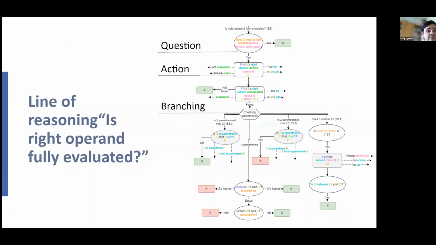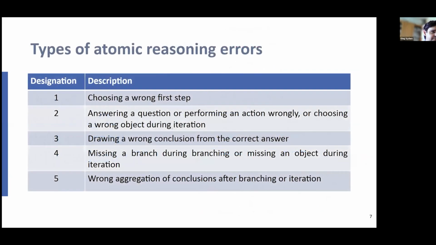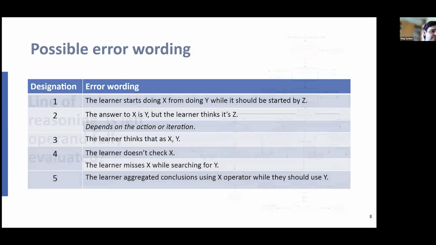For example, if the user has to find the right operand using the operator, the possible errors are that the operand is not to the right but to the left, that the operand is too far, not the closest, and that the operand is not unused. It is already used or it isn't evaluated yet. Those errors are checked.